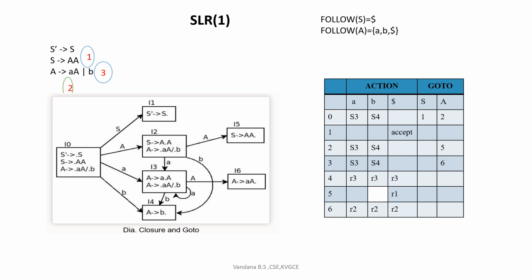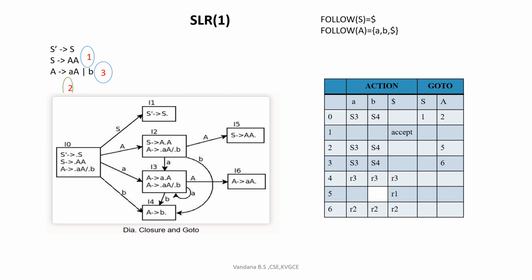Clear? So now search for the final items in the transition diagram. It is I5. Just check the diagram. I5 contains the final item. What is the production number? S derives A. It is production number 1. So if it is production number 1, where do I have to place the entries? No. Check the follow.